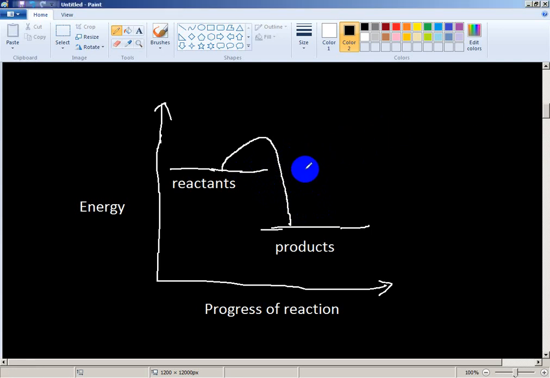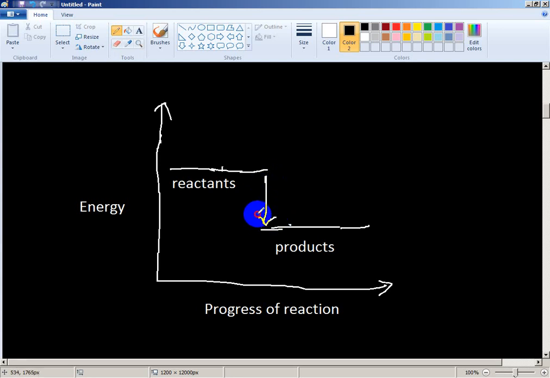Okay, this is the energy level diagram for the exothermic reaction. It can be written this way in your book. Here energy is released to the surroundings. You write an arrow from reactant to product.